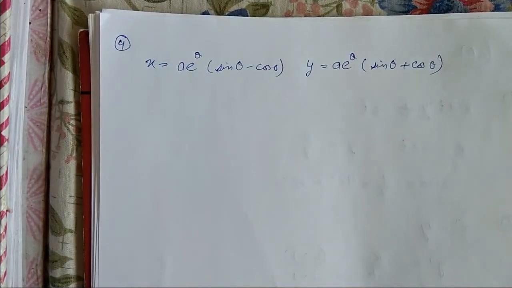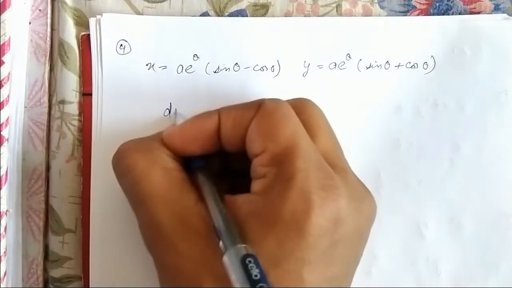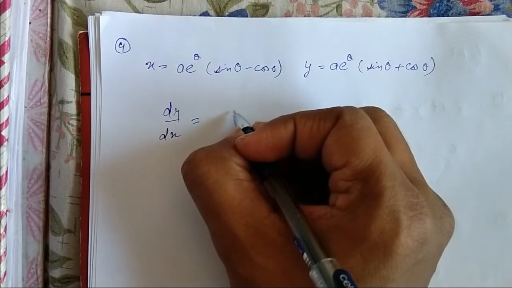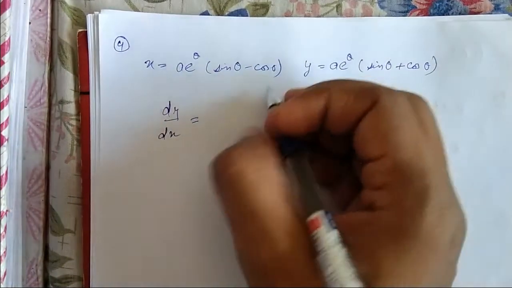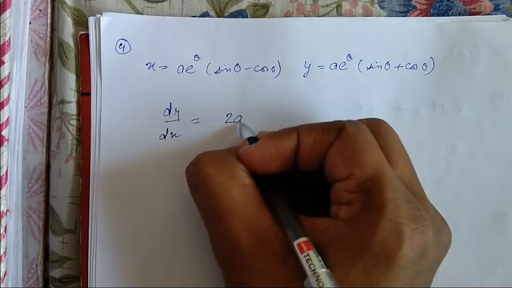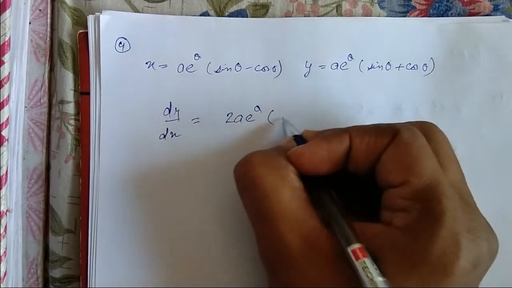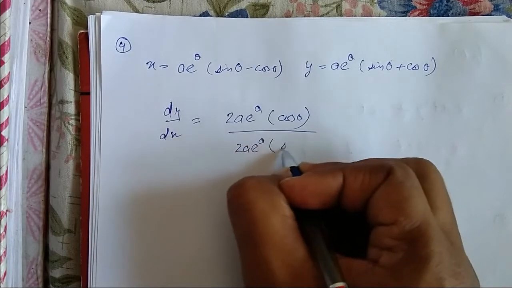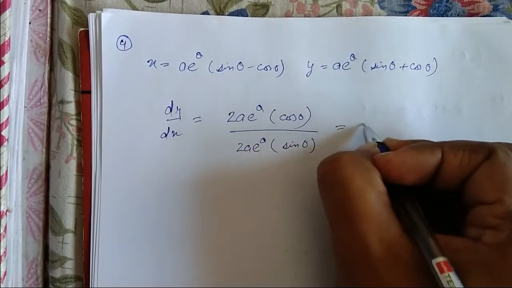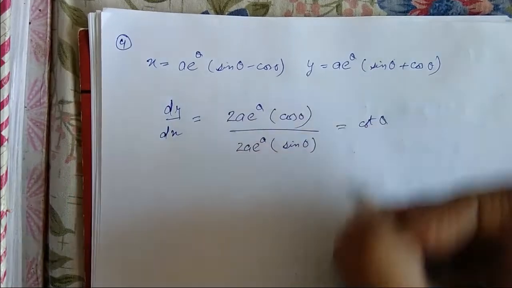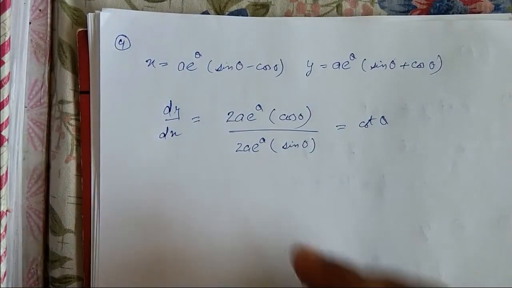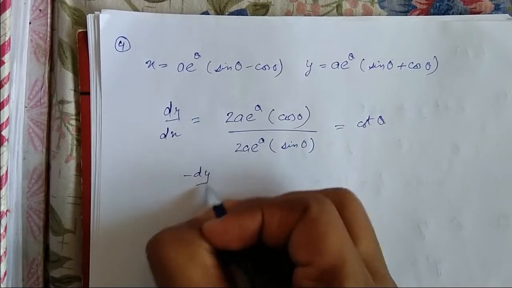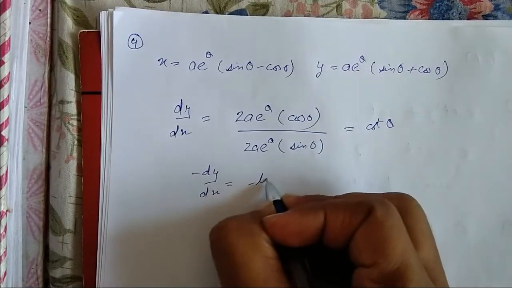Anyways, we'd again calculate dy by dx similar to the previous question, which gives 2a e power theta cos theta upon 2a e power theta sin theta. Sorry, this should be minus dx by dy, which would be minus tan theta.